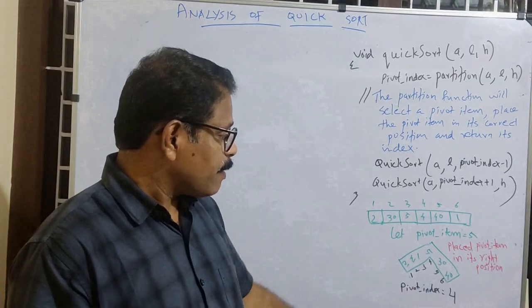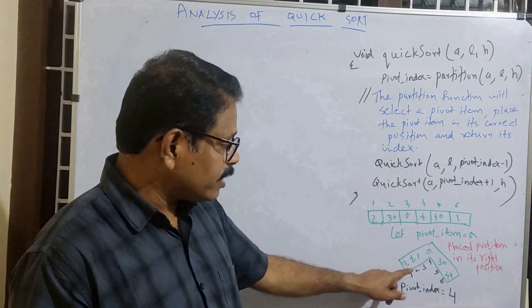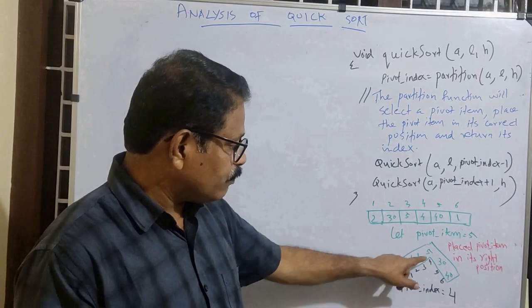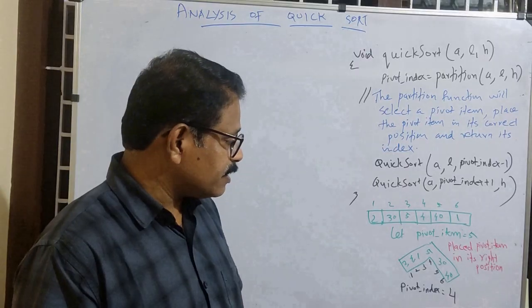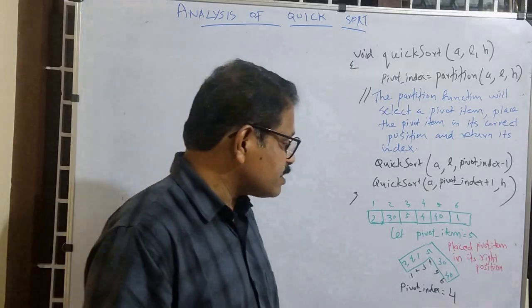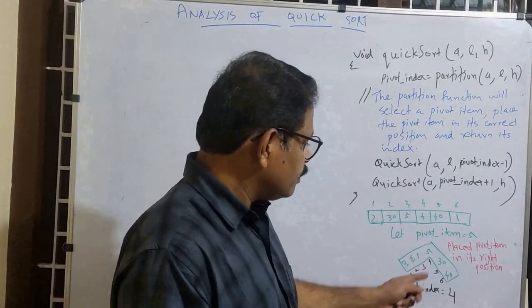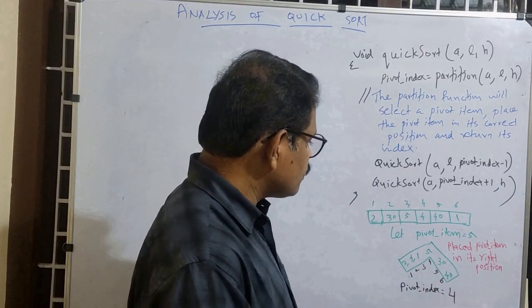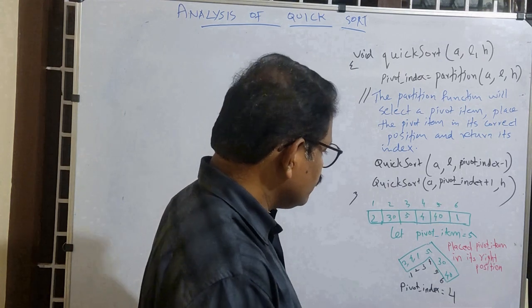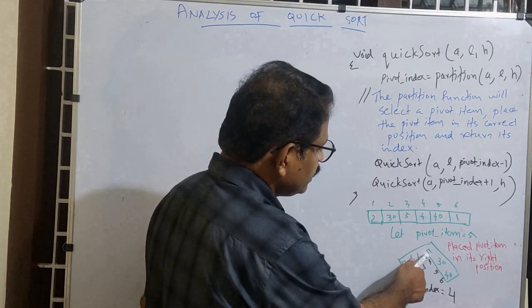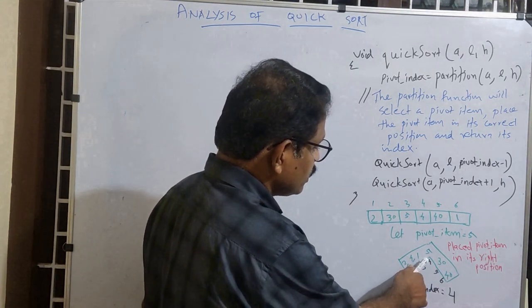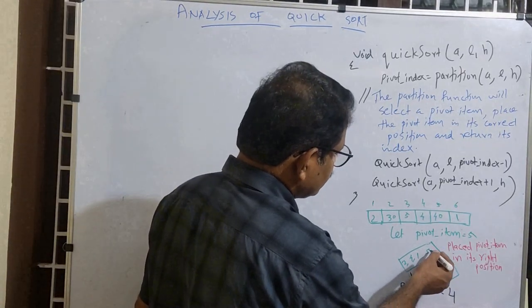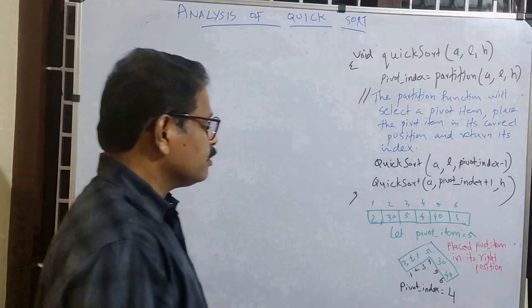The partition function will place all the elements less than 5 to the left side of the pivot item, and all the elements greater than the pivot element to the right side. That means 5 is now in its right position in the sorted order.